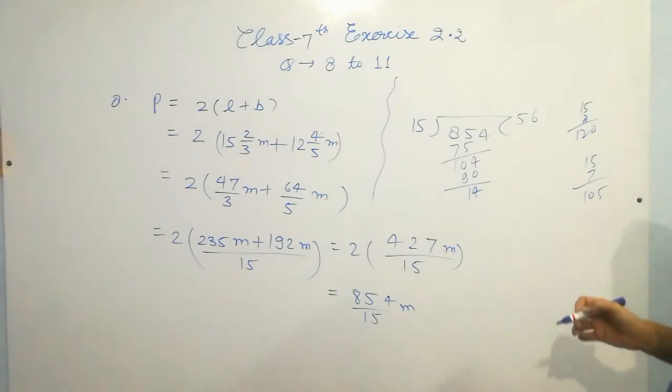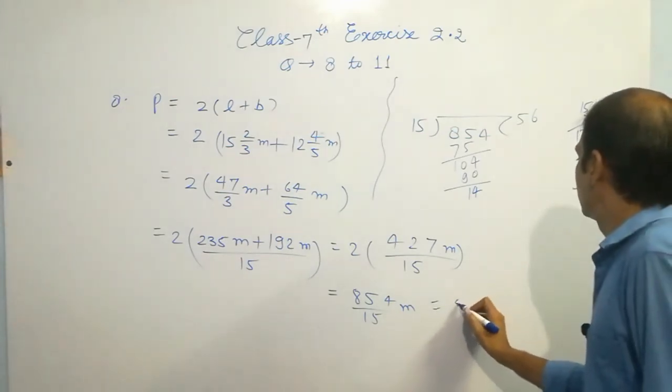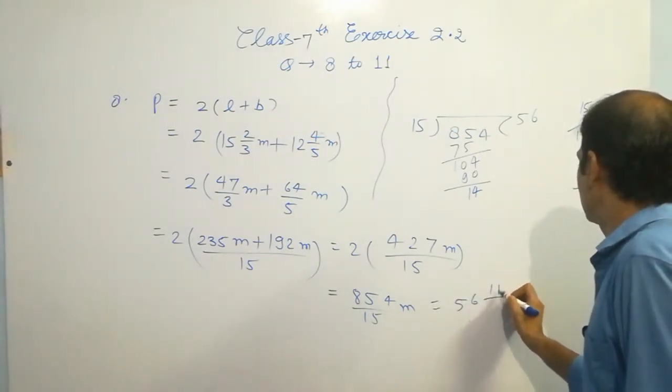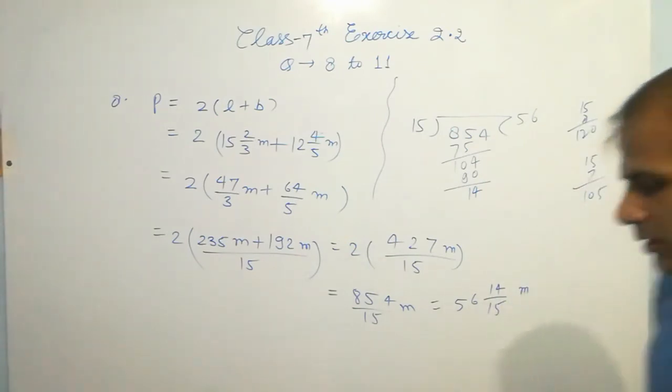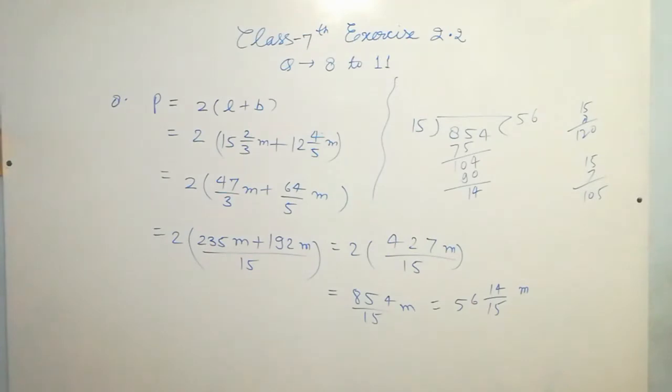So the answer will be 56 and 14/15 meter. And this is question number 8 of exercise 2.2. So let's check the answer. 2.2 question number 8, 56 and 14/15.